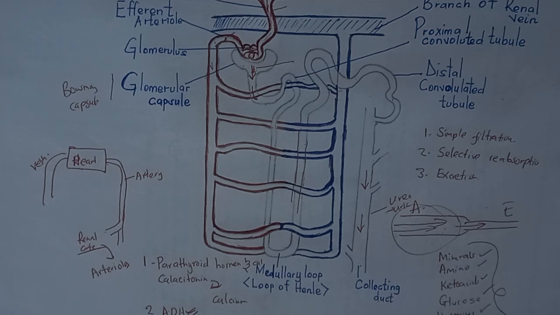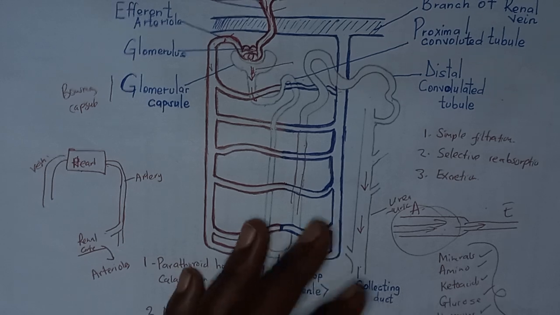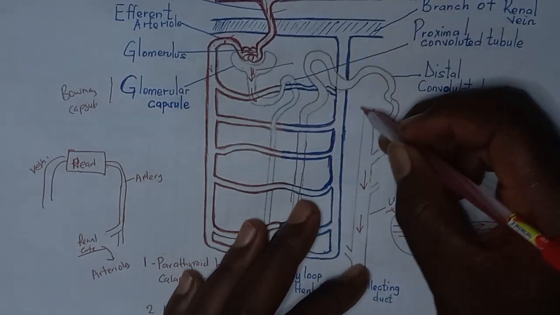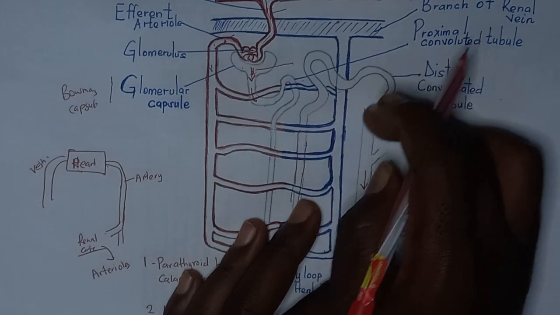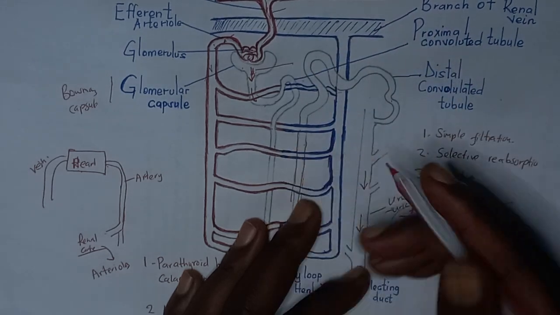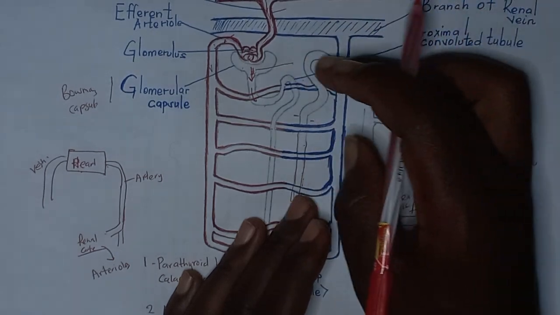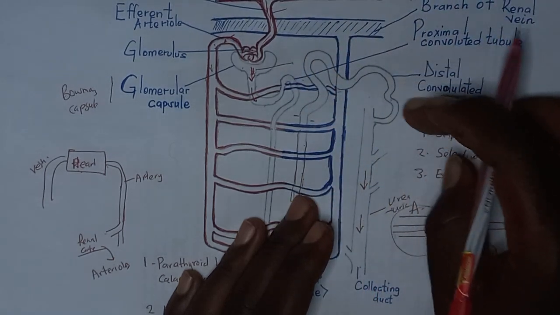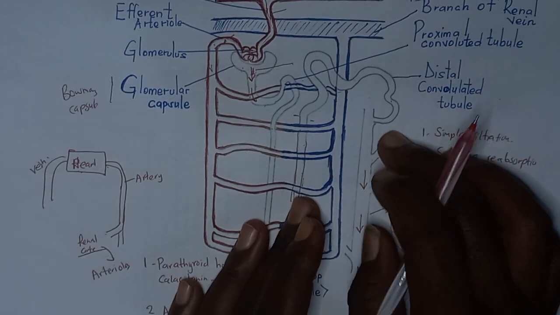So as I said earlier, I will explain to you why the distal convoluted tubules are a little bit curved. It is because it slows the movement of the materials, and this slowing of the movement of materials increases the reabsorption.